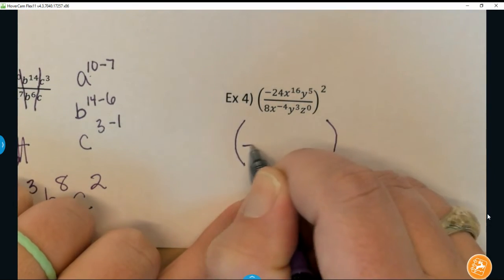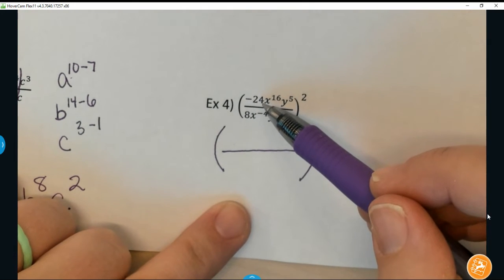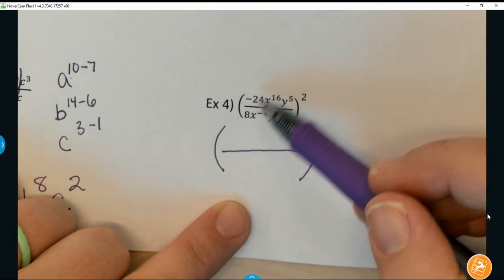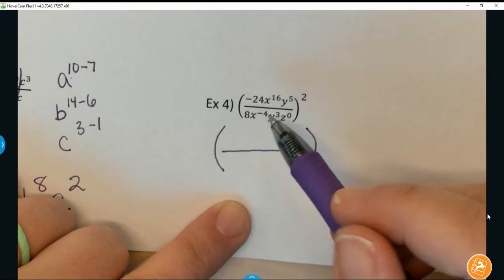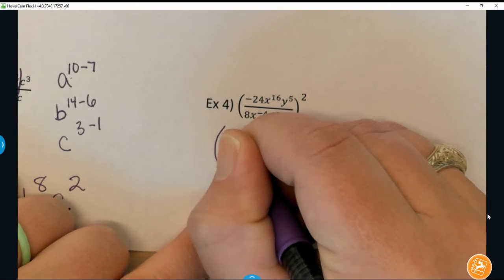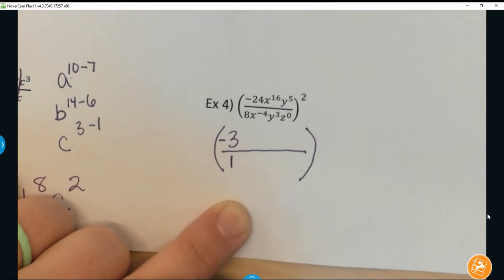And then if we set it up, we have negative 24 over 8. So let's deal with that first. Negative 24 can be divided by 8, and that gives us 3. So I'm going to put negative 3 on top, and I'm going to put 1 on the bottom.